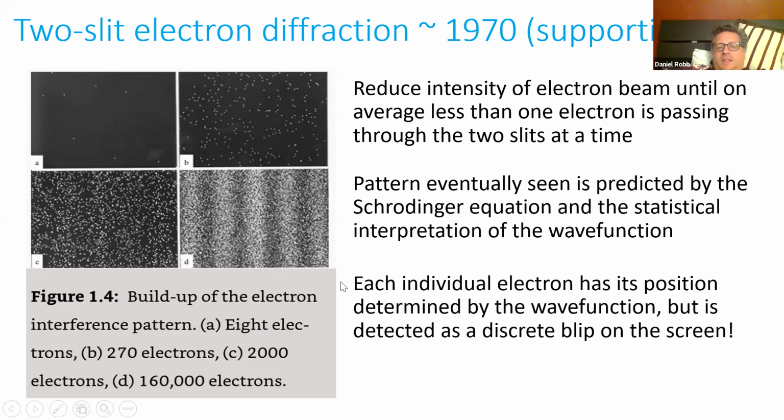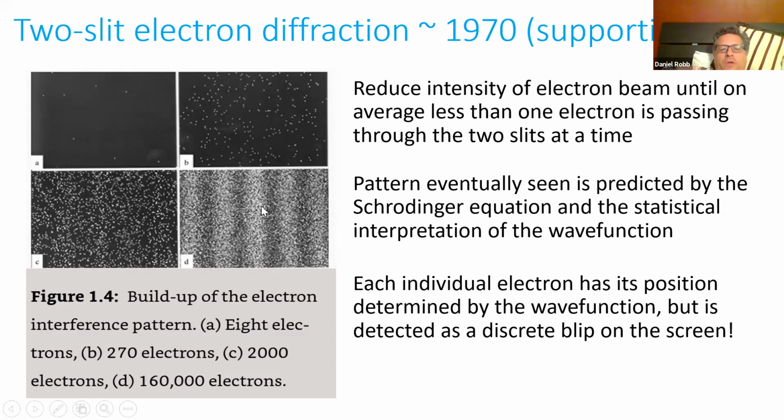And as I mentioned, each individual electron has its position determined by the wave function, but it's detected as a discrete blip or dot here on the screen. And that's generally true when particles don't interact with matter, like a screen.